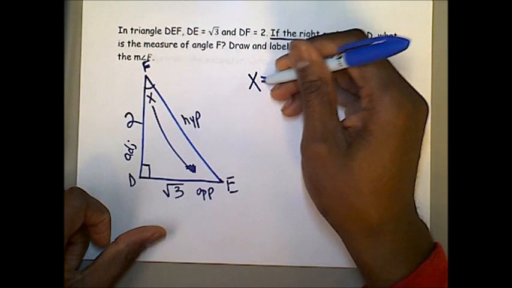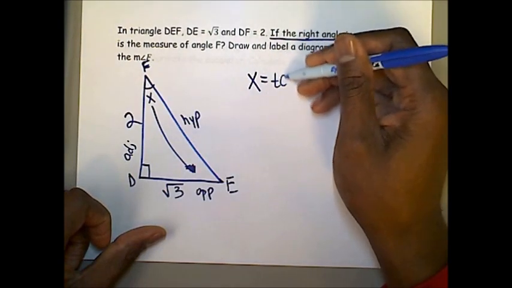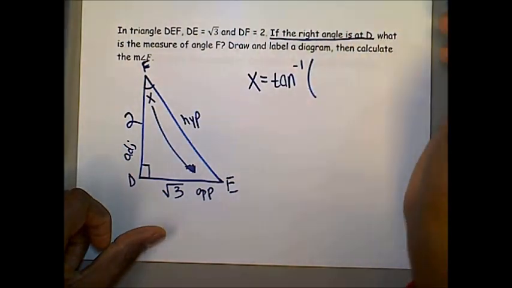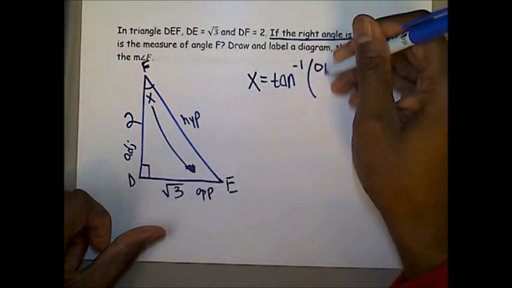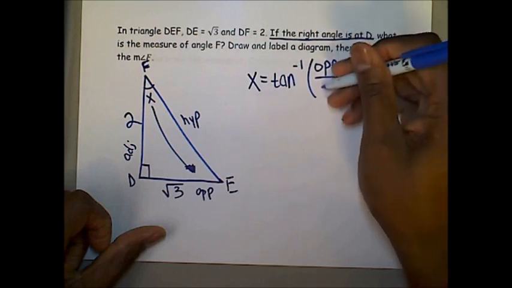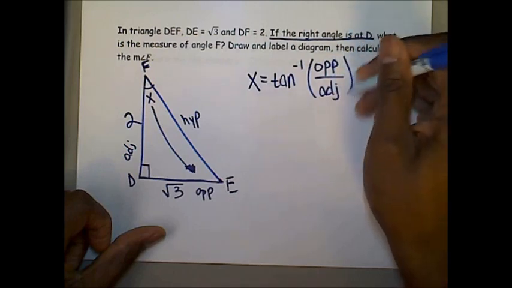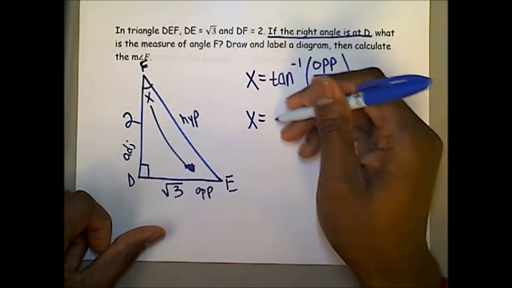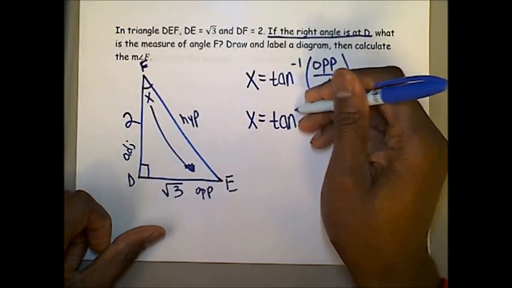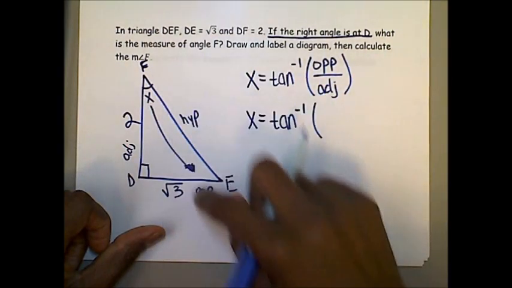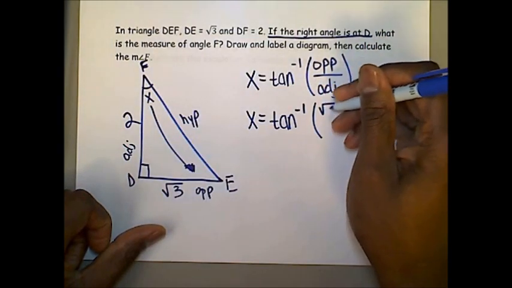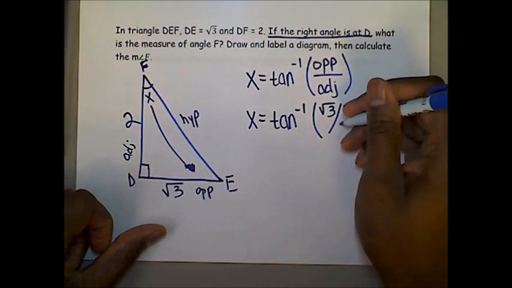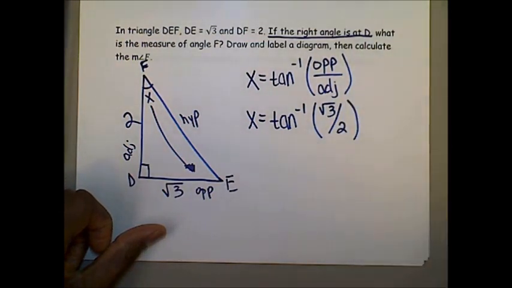X is equal to, we're using tan inverse because we're looking for an angle, the tan inverse, and I'll go ahead and write the equation out, the opposite side over the adjacent side. Okay? So X is equal to the tan inverse of the opposite side, which is square root of 3, and the adjacent side, which is 2.